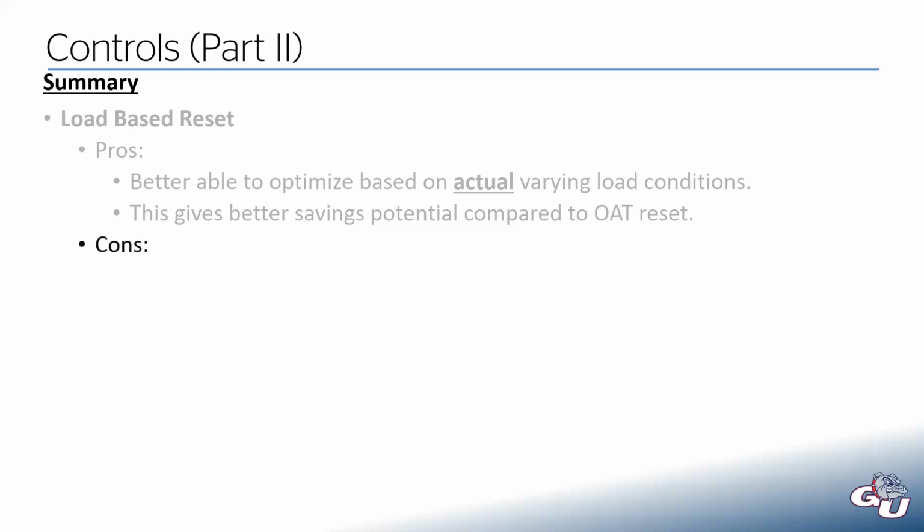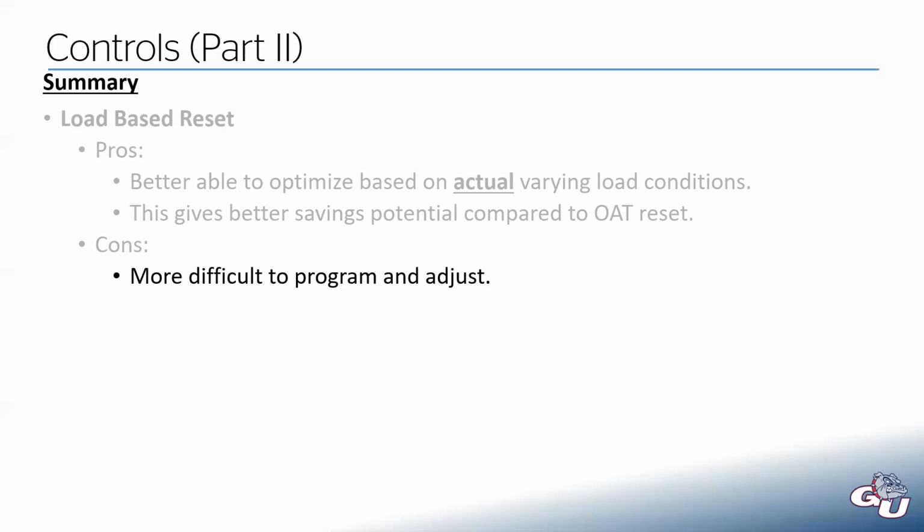The downside, though, is that this is more difficult to program and to make adjustments. As compared to an outside air temperature reset strategy that's very simple, very easy to understand, and easy to adjust, this takes a lot more control logic, brain power to make happen.